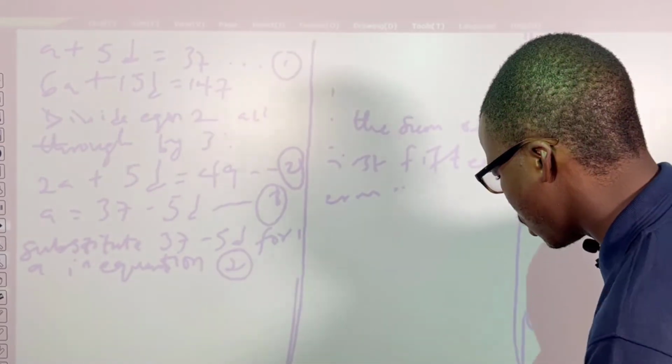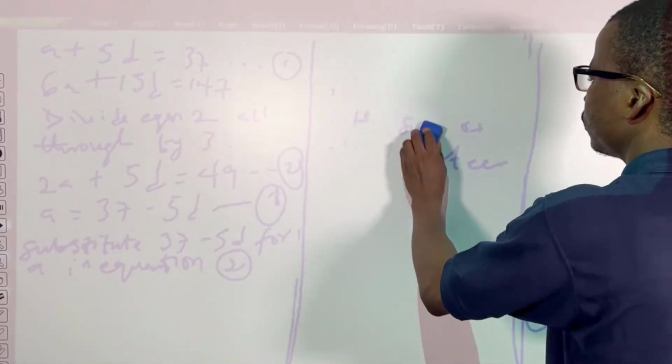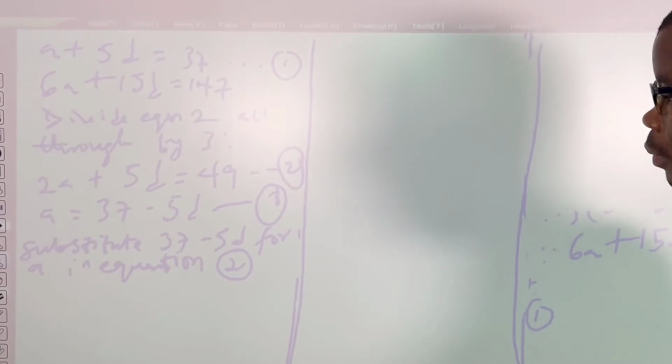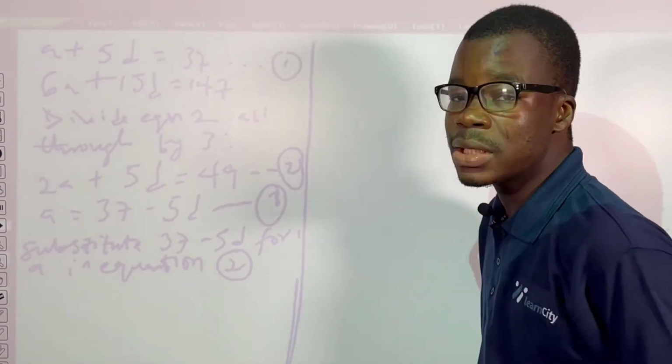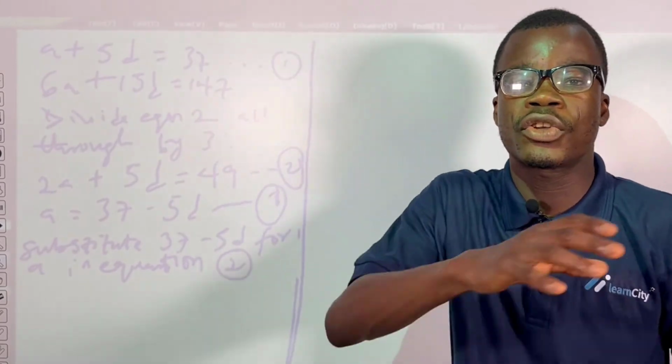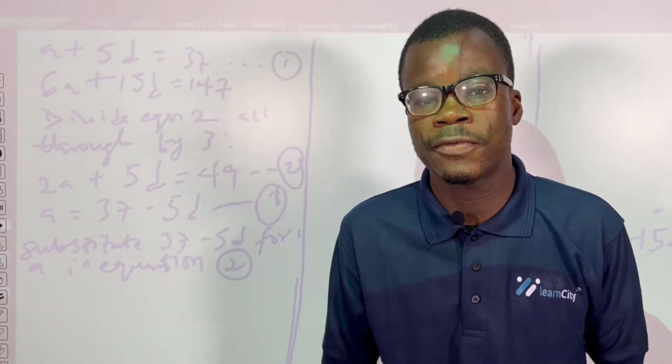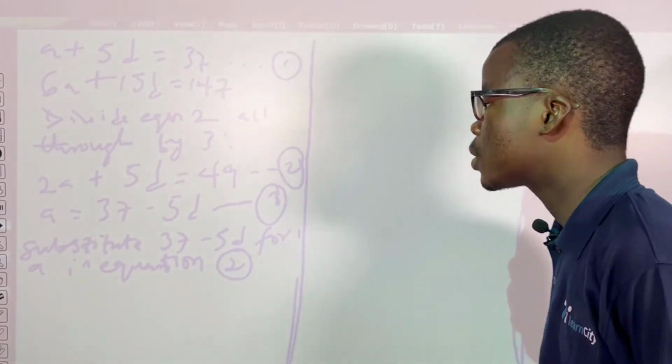For a in equation 2, you substitute 37 minus 5d for it. So that's in equation 2.